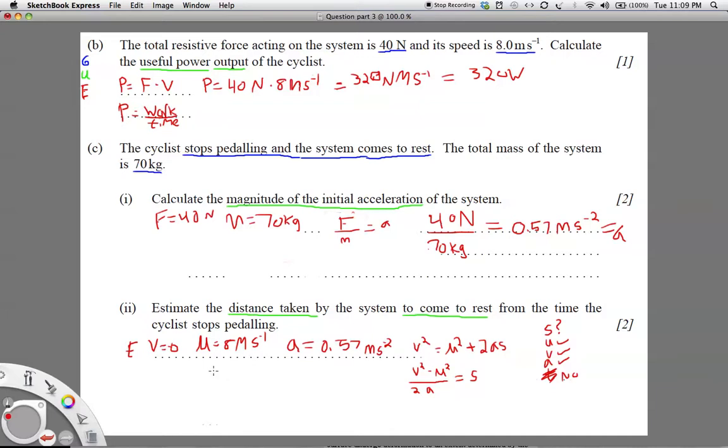My v squared is actually 0, so I can cancel that out. u squared is 8, so I'm going to solve it over here: negative 8 meters per second, squared, divided by 2 times negative 0.57 meters per second squared.